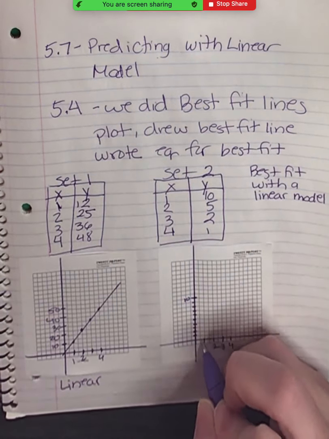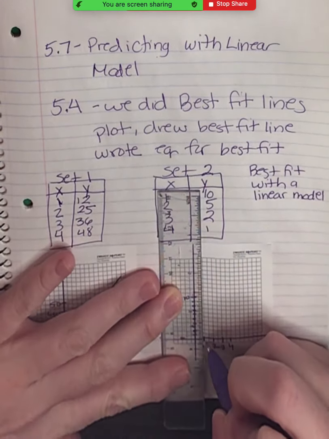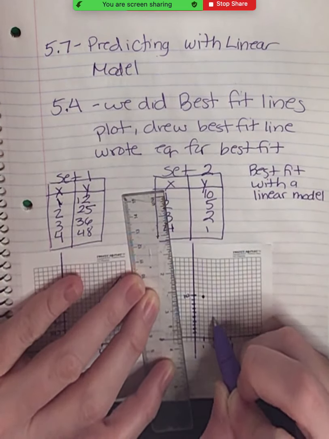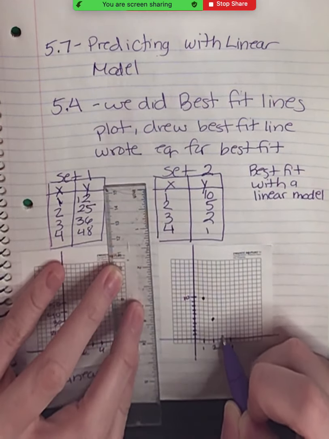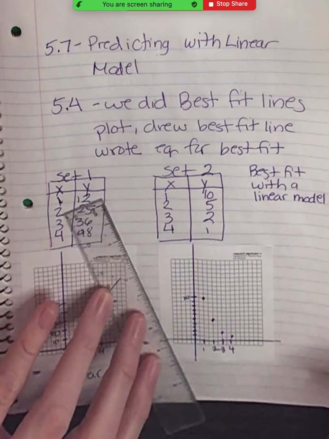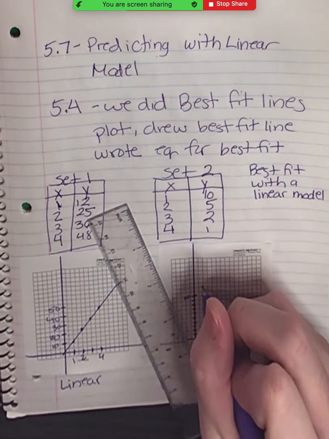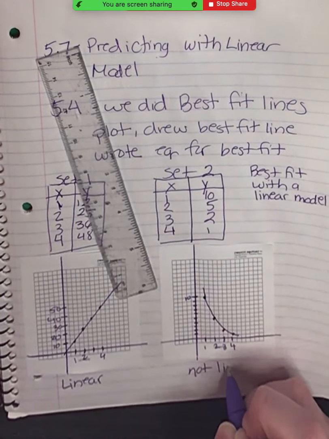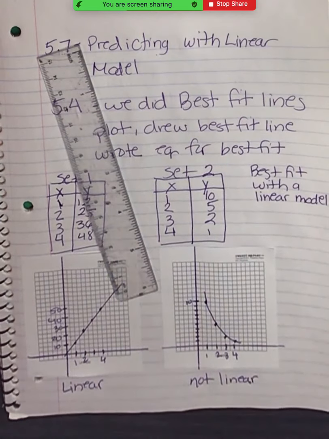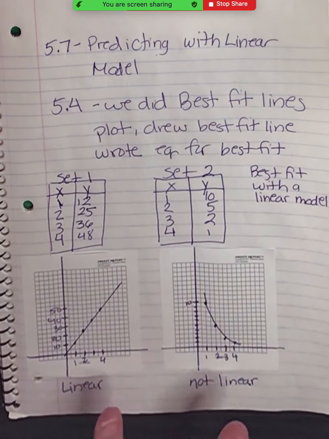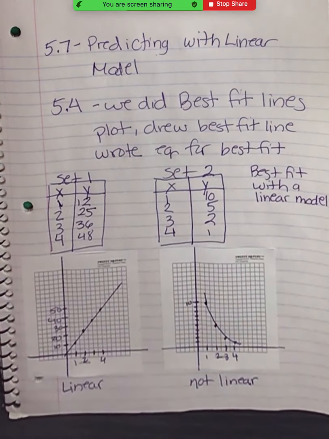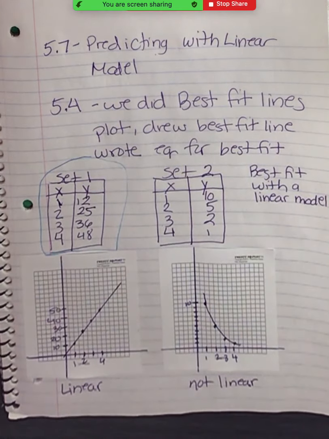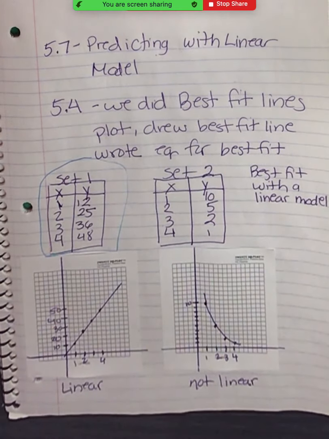So 1 all the way up to 10. 2 is at 5. 3 would be 2, and 4 would be 1. So when I look here, they look to have more of a curve. So we would say this data set is not linear. Okay? So we can see from the two scatter plots, set 1 tends to be our linear set. Okay? Then from there, you can write a linear model for this data.